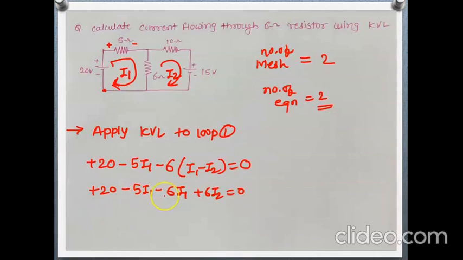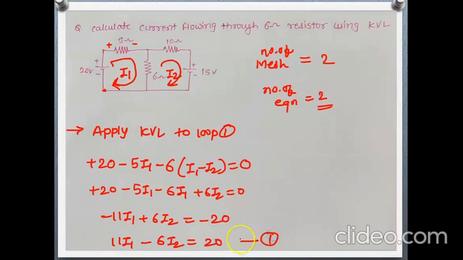This will be minus 11I1 plus 6I2 equals minus 20, or changing the signs of all, 11I1 minus 6I2 equals 20. This will be our equation number 1 when we apply KVL to the first loop.